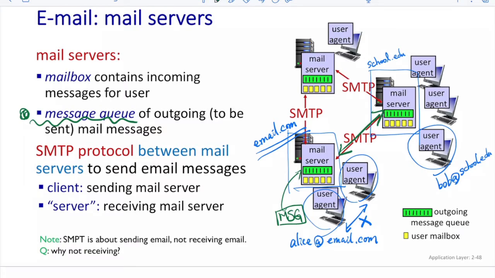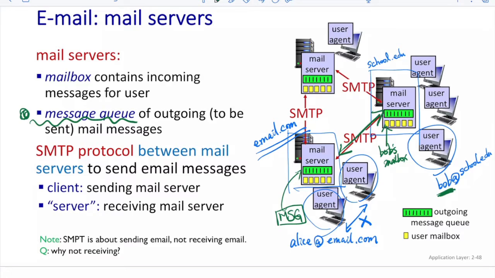So Bob would have a mailbox here, Bob's mailbox, and the mail will be queued at Bob's mailbox.